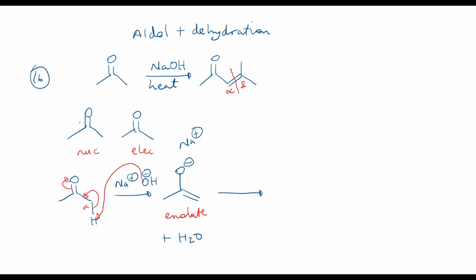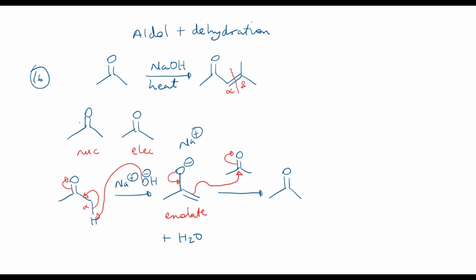My enolate nucleophile will now react with the electrophile. To show the mechanism, the carbonyl group will reform, and I will push this pi electron to attack the carbonyl carbon of the electrophile, which will then push the pi electron towards the oxygen.